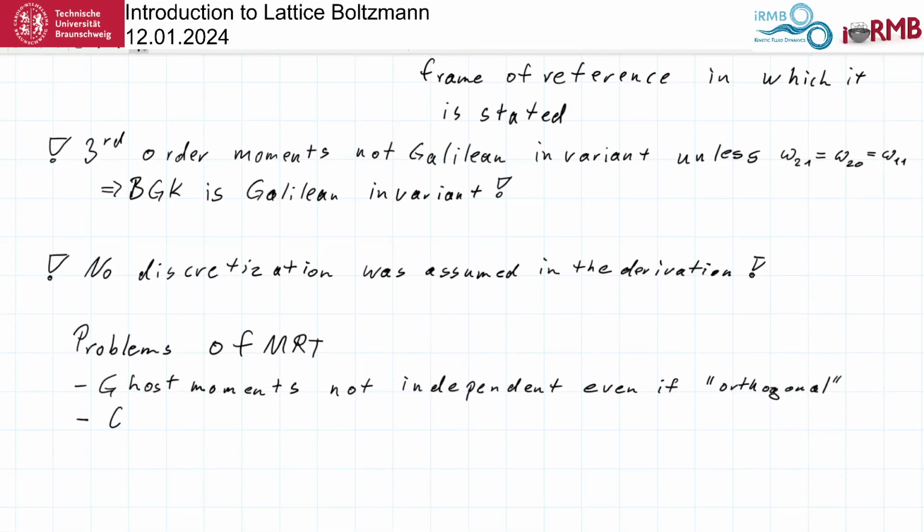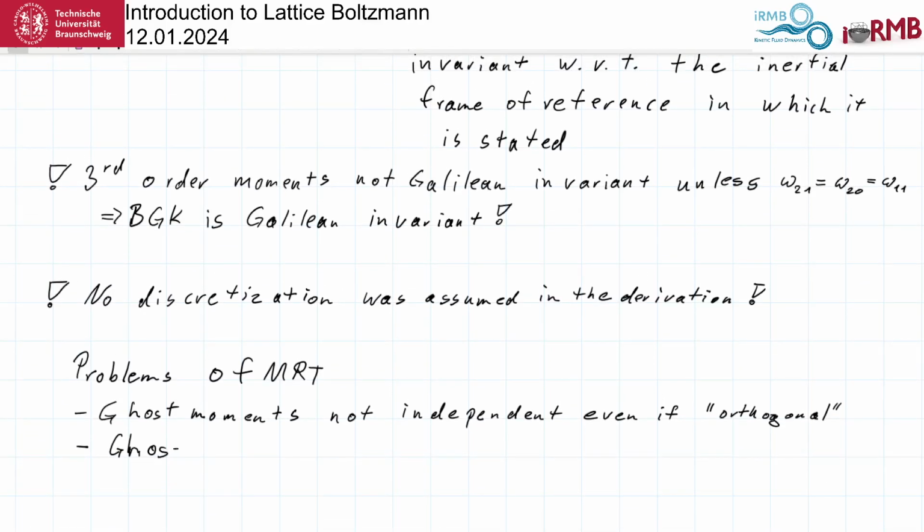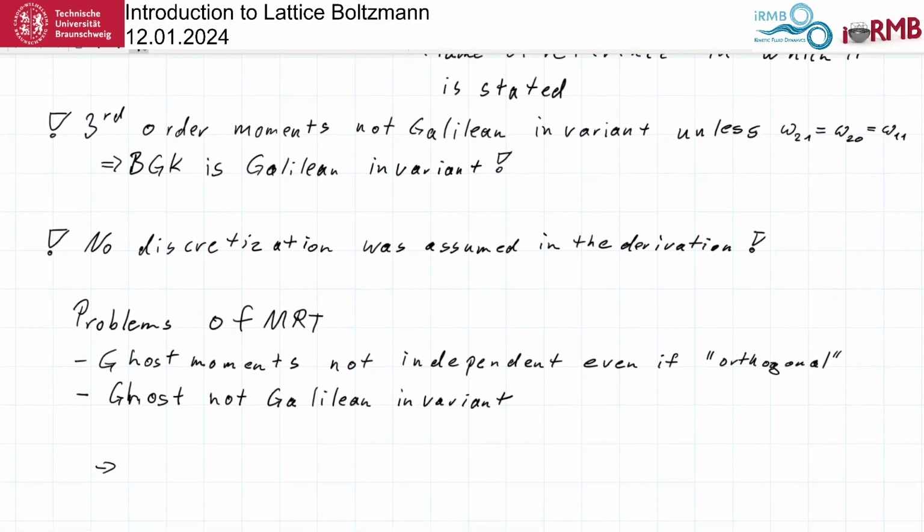And what we had just now was that they are not only not independent of each other, but they are also not Galilean invariant. So there are actually a lot of problems with MRT. Interestingly, these things here are not a problem with BGK.